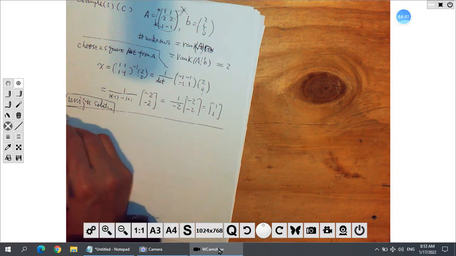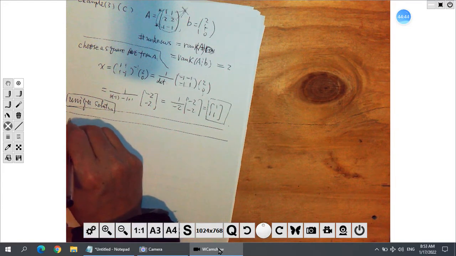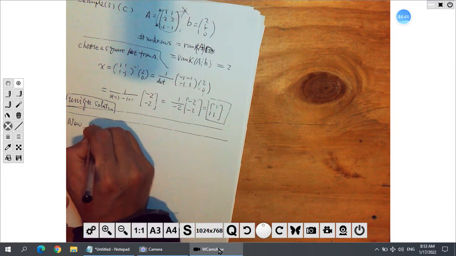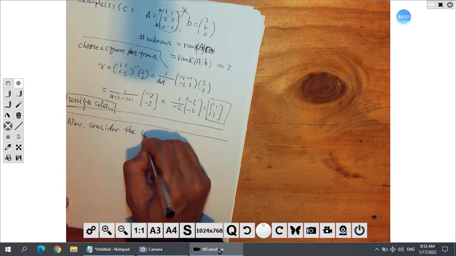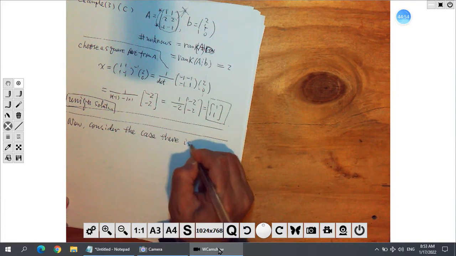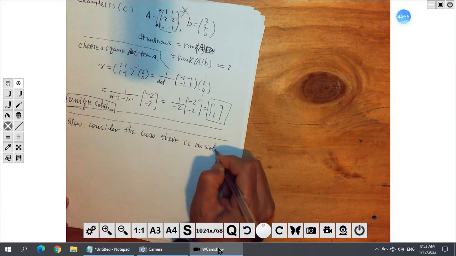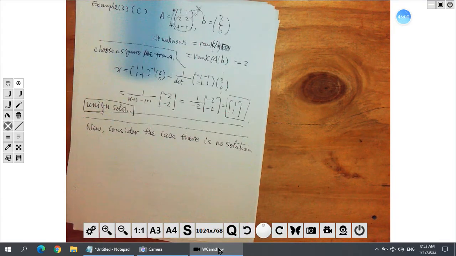Now consider the case where there is no solution. Now maybe you will say, okay, there's no solution, then we can do nothing. But no, we can do something.